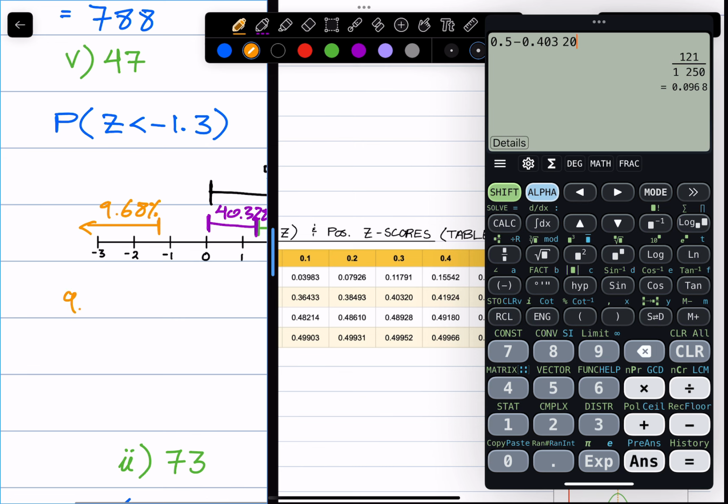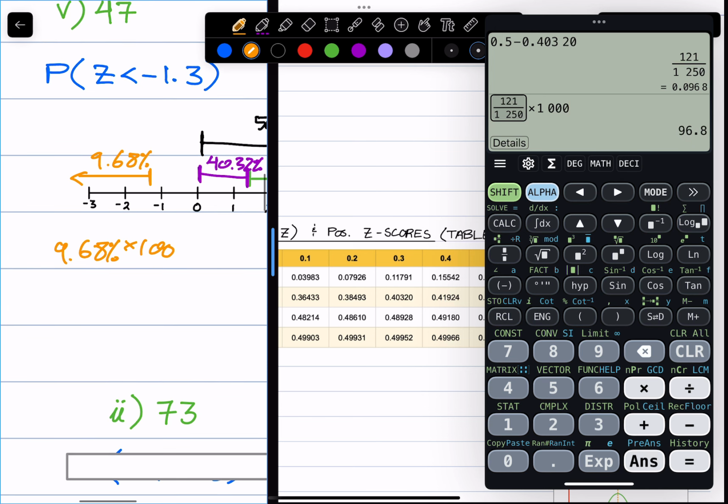So now 9.68% times 1,000 gets us 96 or 97 people here. So 97 students, or 97 competitors, sorry.